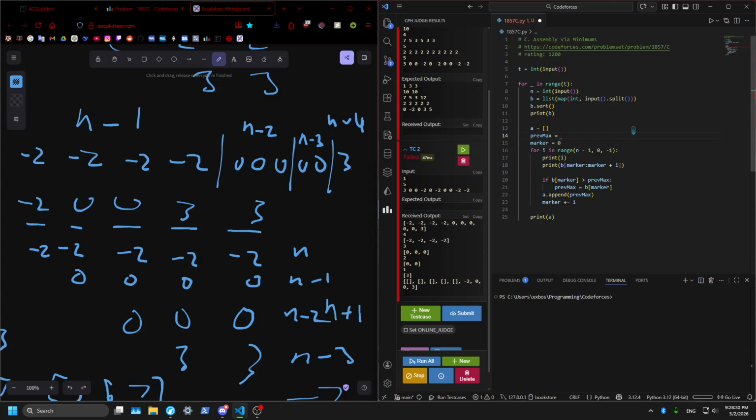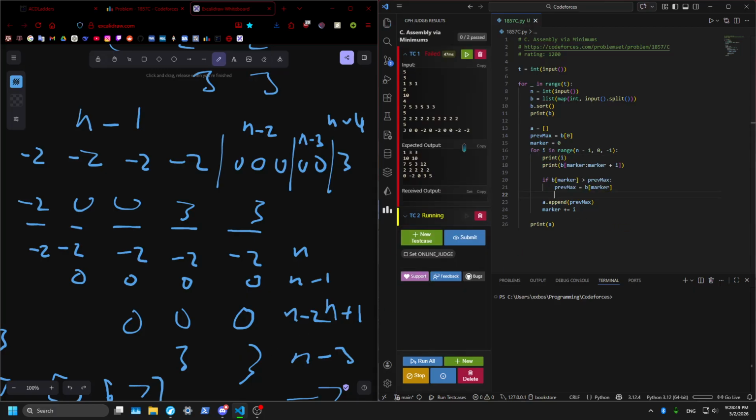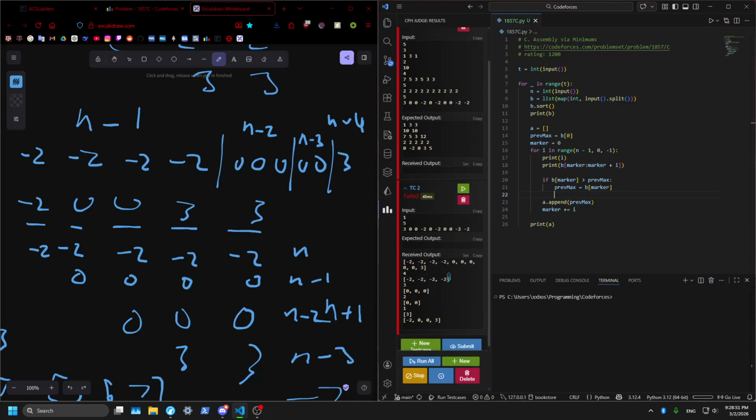Oh, well, prev max should actually equal B0. -1 won't work. Because prev max is 0, so we just append 0. So -2, 0, 0, 3.